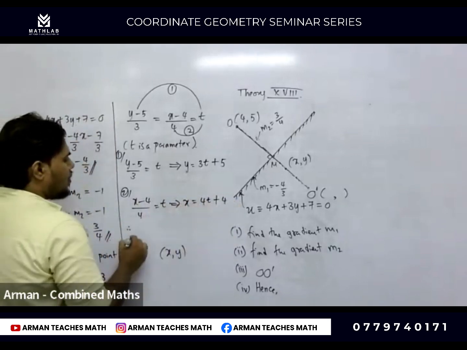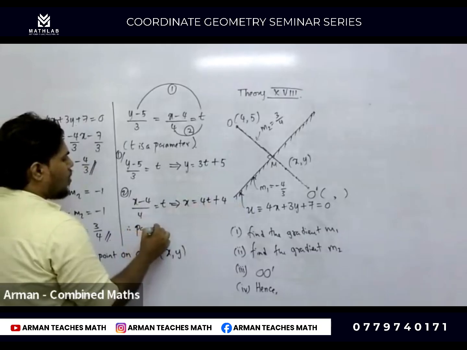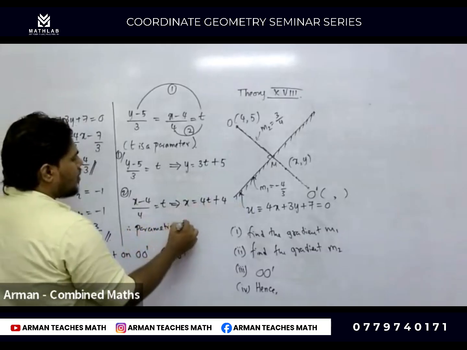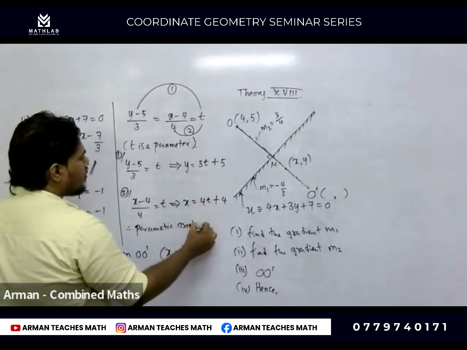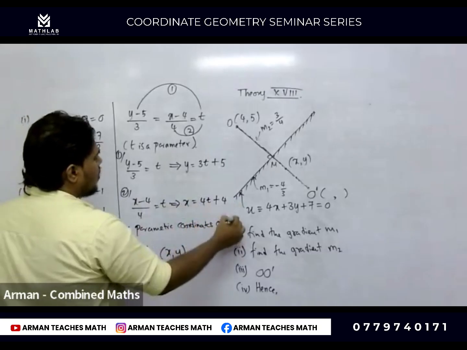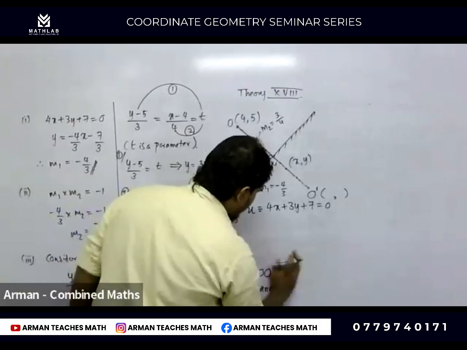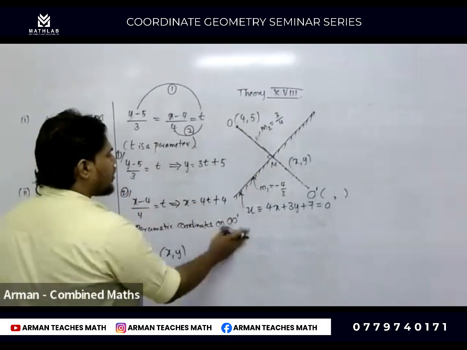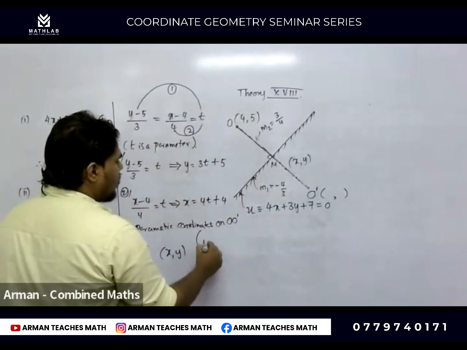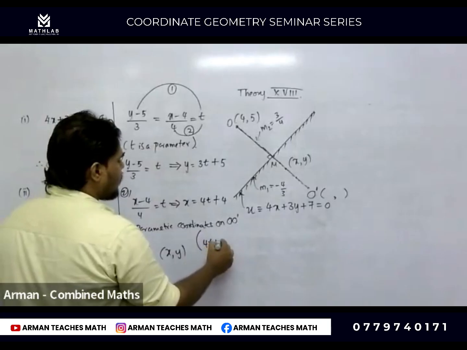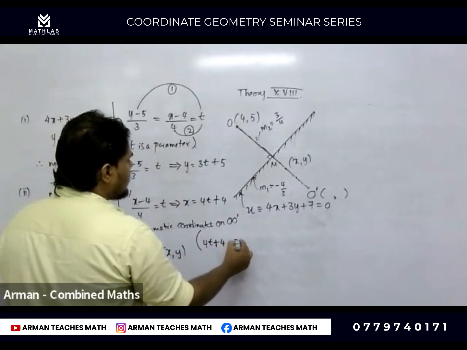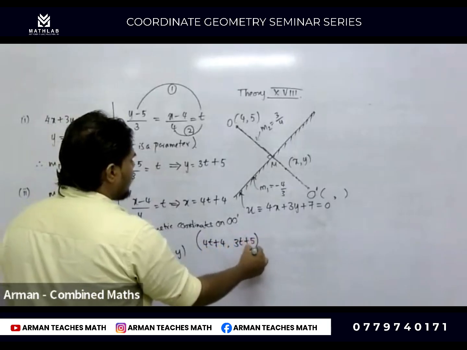So therefore, the parametric coordinates on OO dash, I will just erase the questions, are going to be x coordinate is 4t plus 4, comma 3t plus 5.